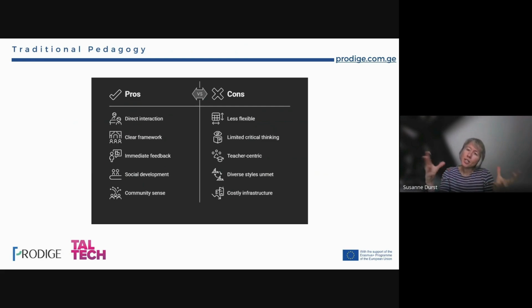This teacher-centered style, and definitely also the way the teacher is approaching the classes and the way this person is using for communicating knowledge, can also limit critical thinking.